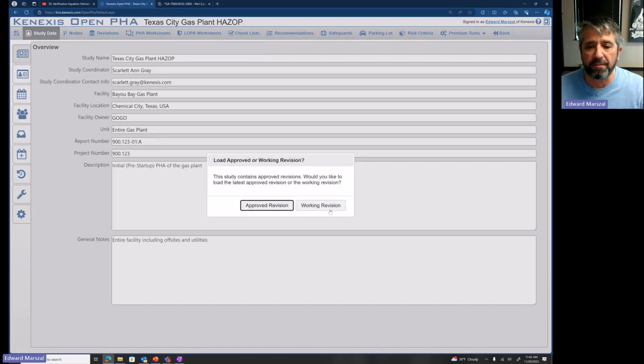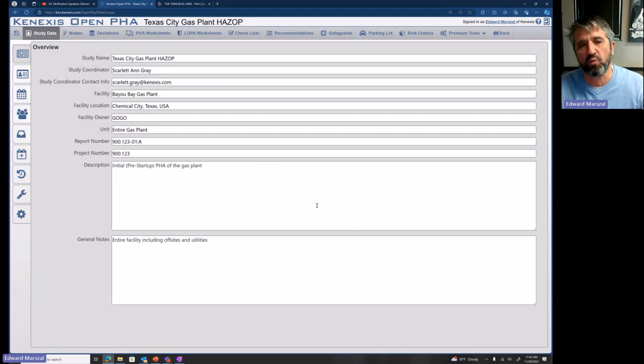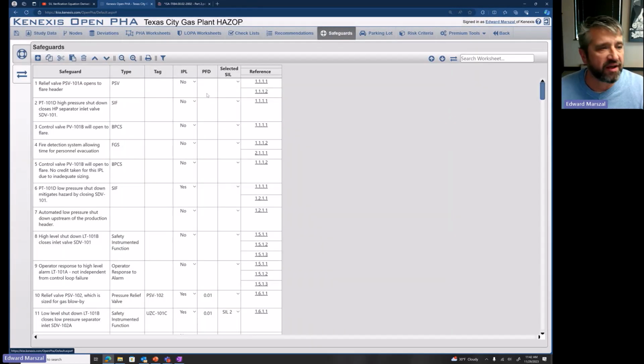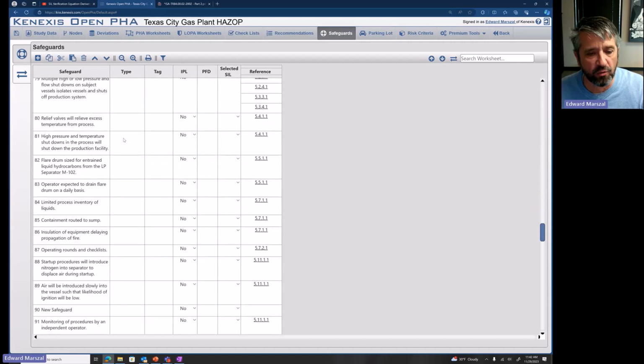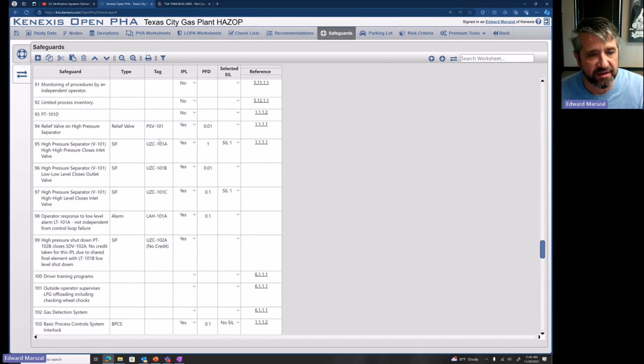I've done way too many demos on this, so there's a bunch of junk, but if I click on safeguards and pick one of the ones that should be connected, UZC 101A, this is the one that should be connected. You see that the Vertigo study connects to this record, which is the interlock.